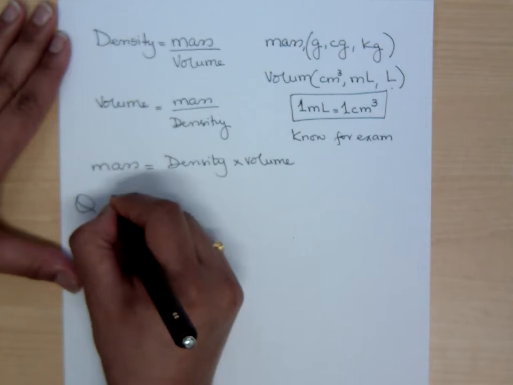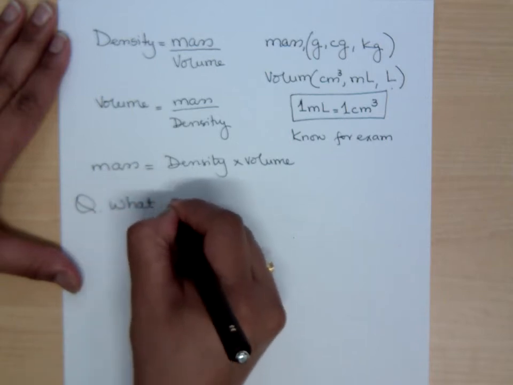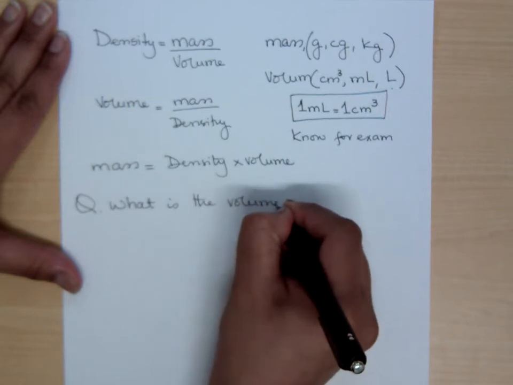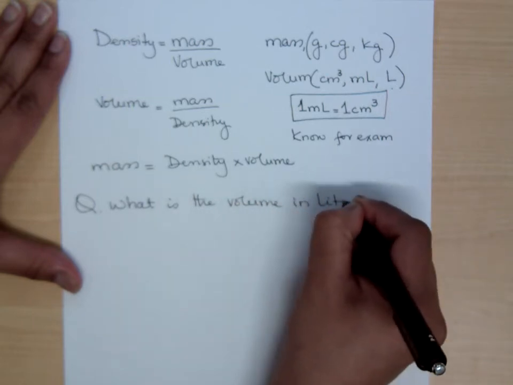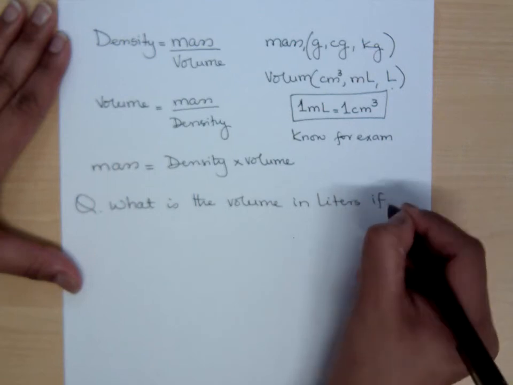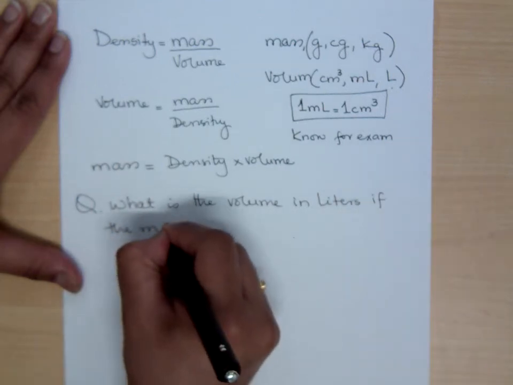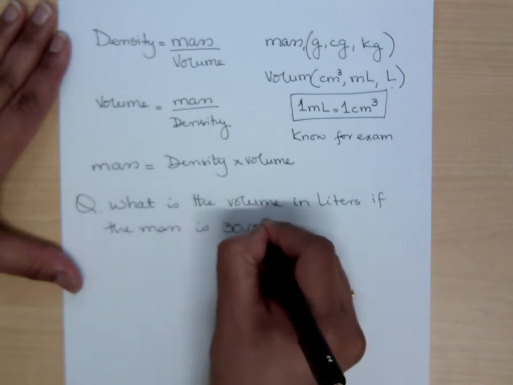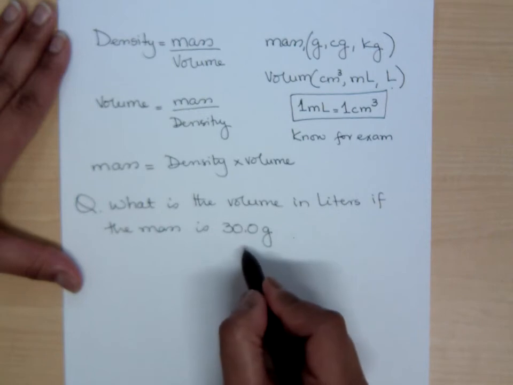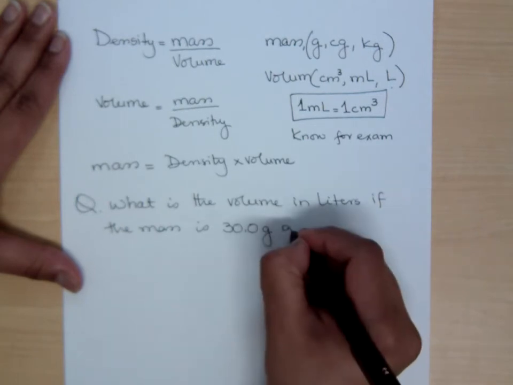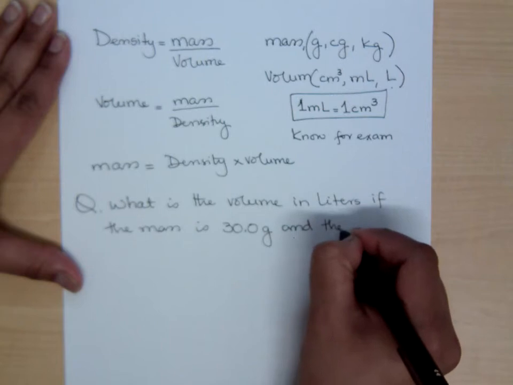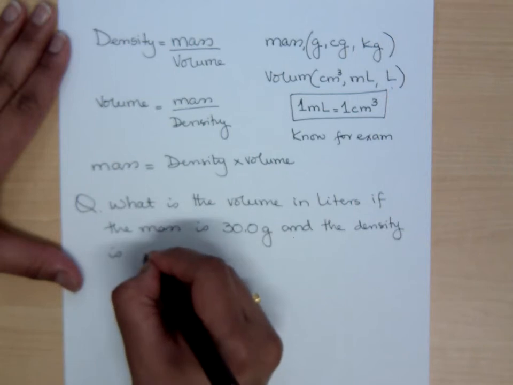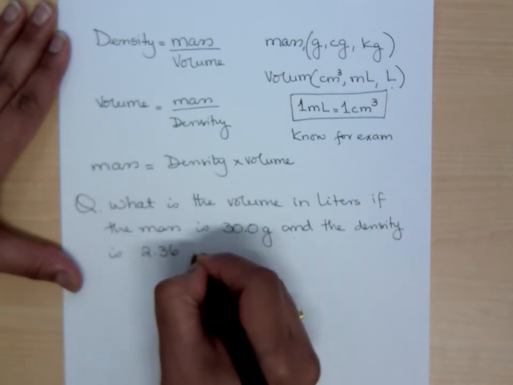The question is, what is the volume in liters if the mass of that object is given as 30.0 grams. Remember, this is 3 sig figs, and the density is given as 2.36 grams per ml.